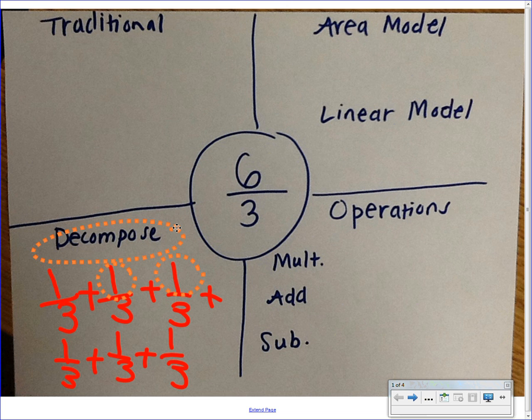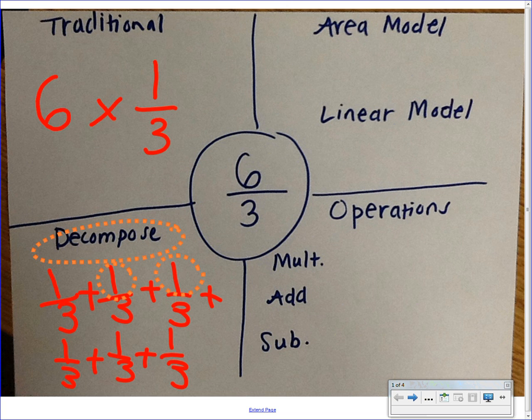Then we're going to move up to the traditional thoughts box, and we want to use multiplication. How can we write what we decomposed as a multiplication sentence? Well, we know our unit fraction is 1/3, and in order to get 6/3, we're going to have to multiply that by 6.